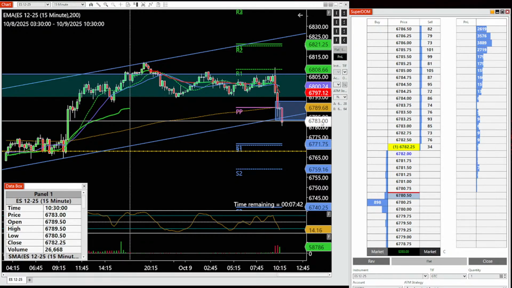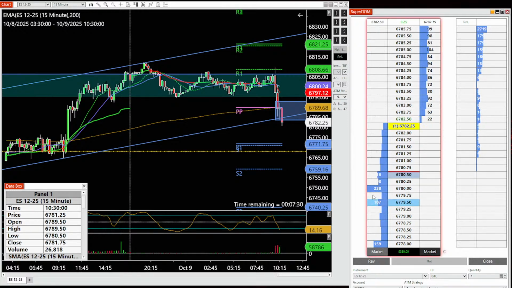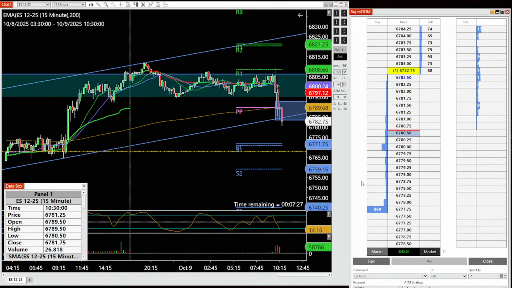Just want to be careful down here. We got orders down trying to hold it up. See these orders, 77.75. They're moving back and forth, flipping orders.